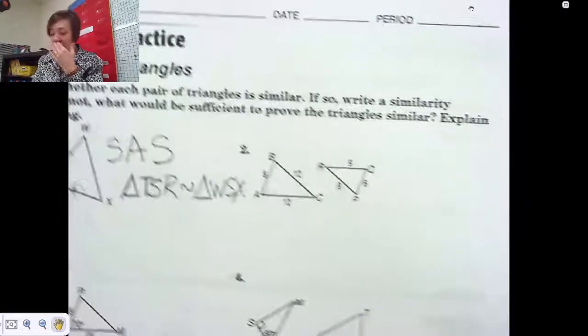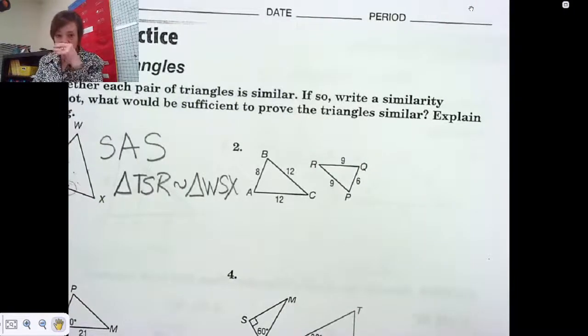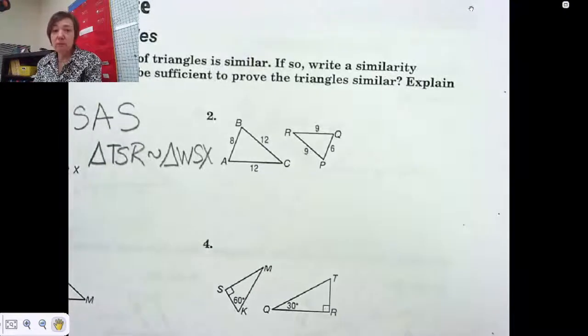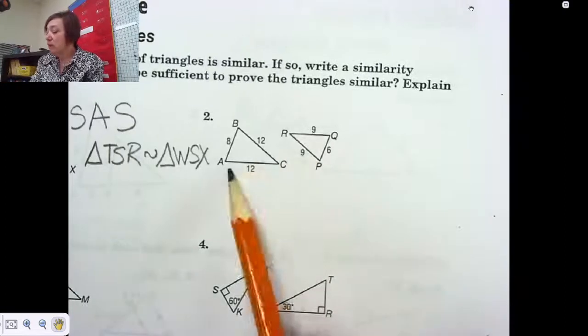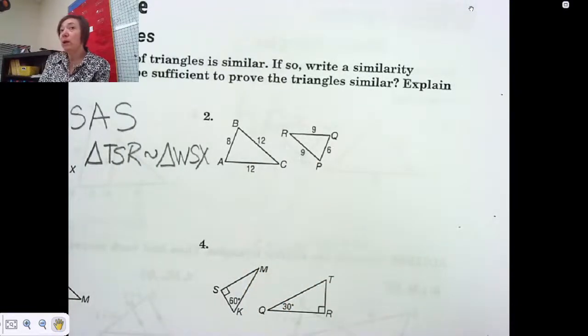Okay, if we look at number 2, what information did they give you there? What information do you have on number 2? Just sides, right? We don't have any angles here. That tells us right off the bat that if we're going to prove these two triangles are similar, we will have to use side, side, side.